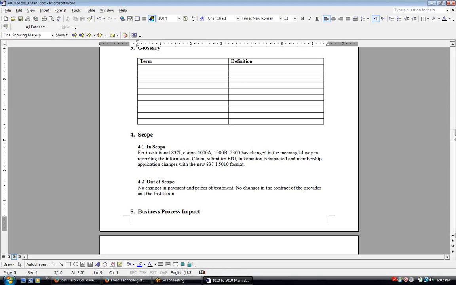Just for everyone, the way Mani has chosen some specific segments, he has reduced the scope of the overall 5010 implementation just for the ease of writing the business requirement document. Here he has chosen the claims loops 1000A, B, and 2300. So he has taken the particular loops and he is going to lay out all the information related to these loops.